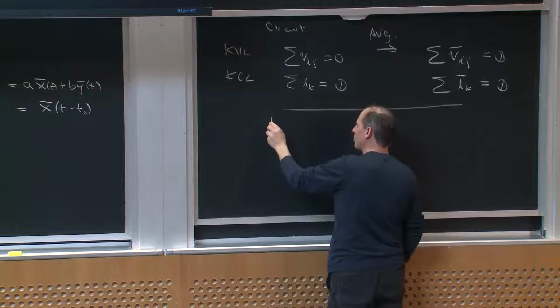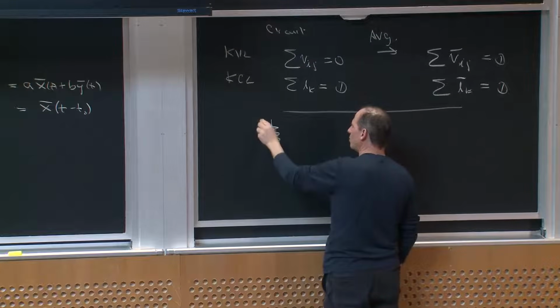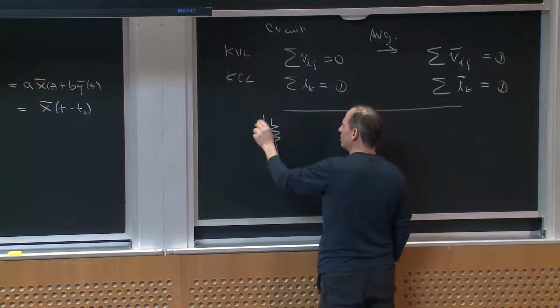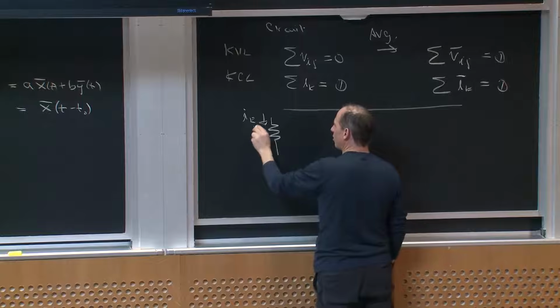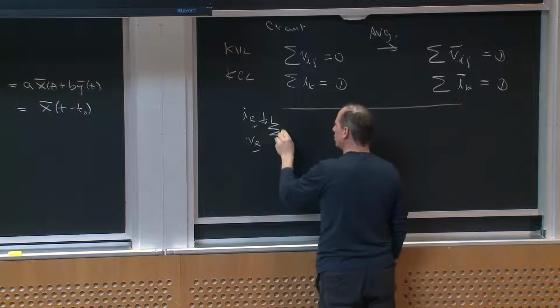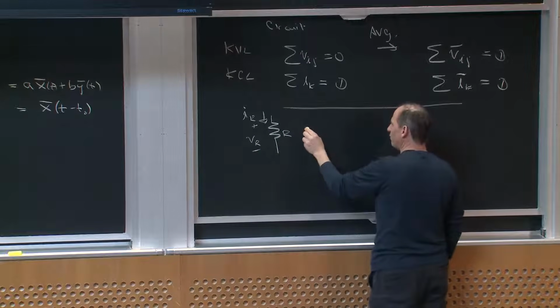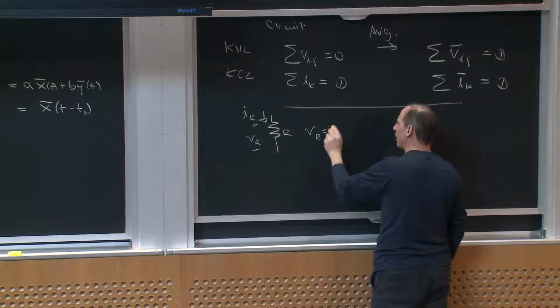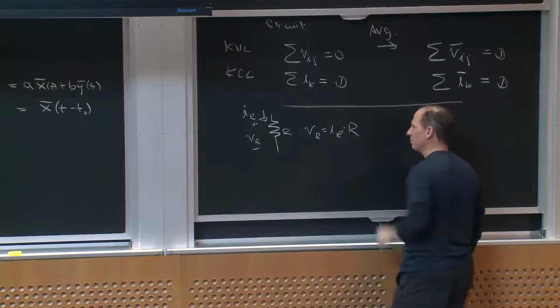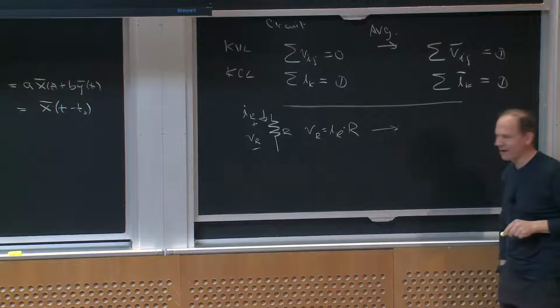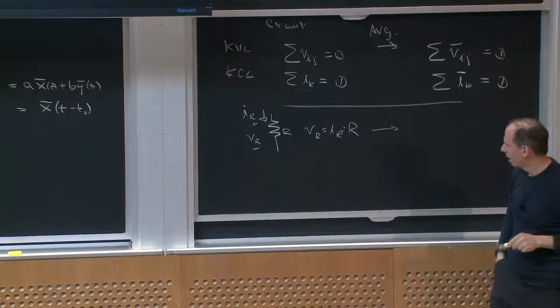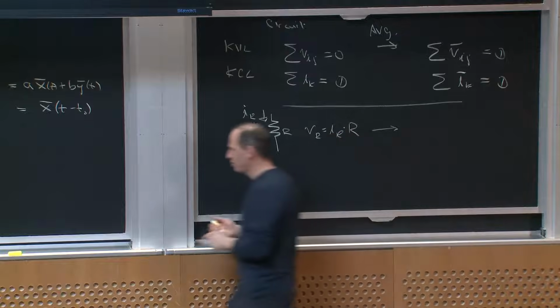Well, if I took my load resistor, what I really have is I sub R and V sub R, and what I get is V sub R is equal to I sub R times R, right? Well, what happens if I take the local average of that? I'm just going to take the local average of this equation.